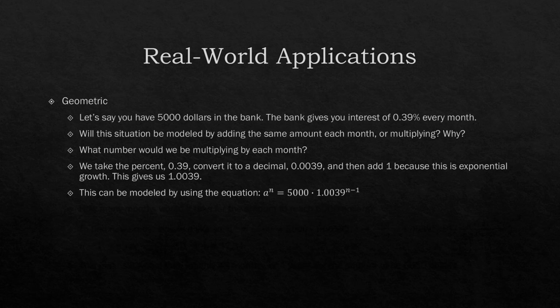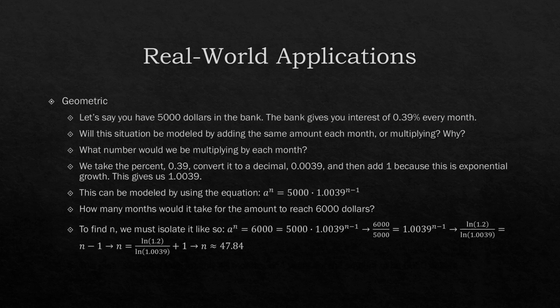A sub n equals 5,000 times 1.0039 to the power of n minus 1. Why is it n minus 1 instead of just n? Discuss with a classmate. How many months would it take to reach $6,000?